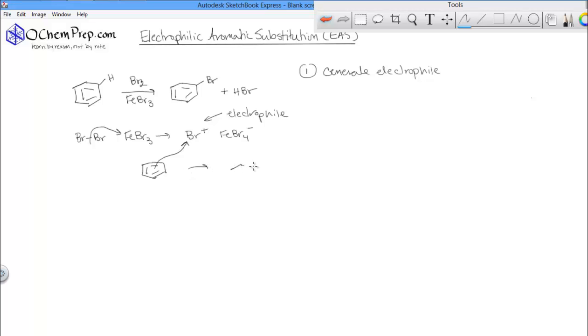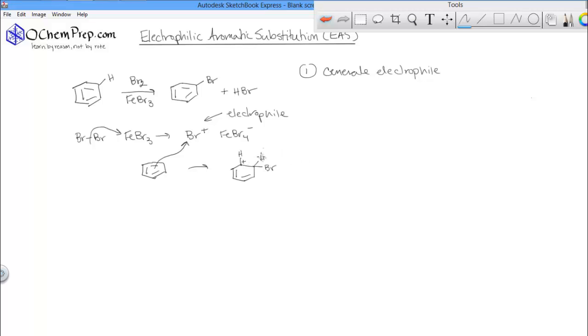In the process, you've lost the aromaticity, and we now have an H and a Br on this carbon here. We still have an H on this carbon. It's always been there, generating a high energy intermediate, the carbocation right here.